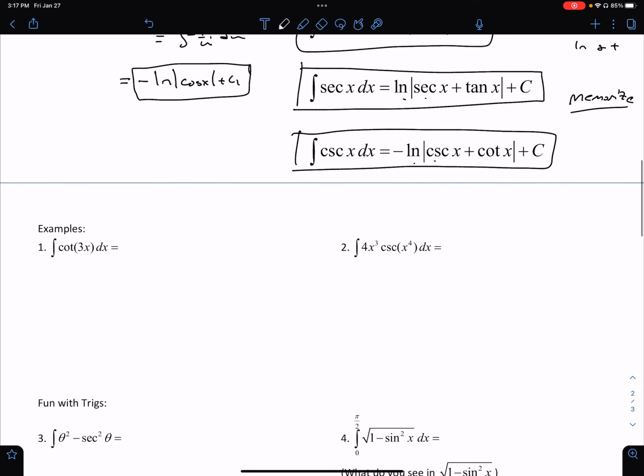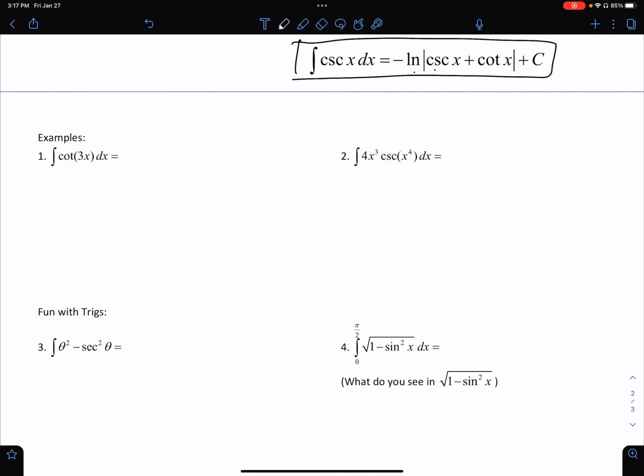So let's try one. Ready? We want to take the antiderivative of the cotangent of 3x. We have an inside, so this is a u. U is 3x. Du is 3dx, giving us dx is du over 3. So when we try this one out, we get 1/3 cotangent of u du.